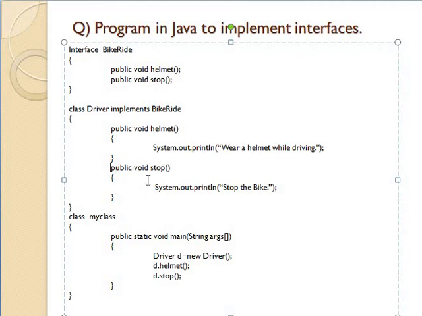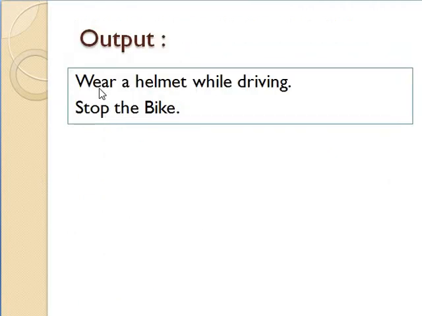Inside the body of the method stop, there is only one Java statement which prints the text stop the bike using system.out.println. Since this text is within inverted commas, it will get displayed exactly as it is in the output. That's why you can see the text stop the bike getting displayed just after the text wear a helmet while driving.